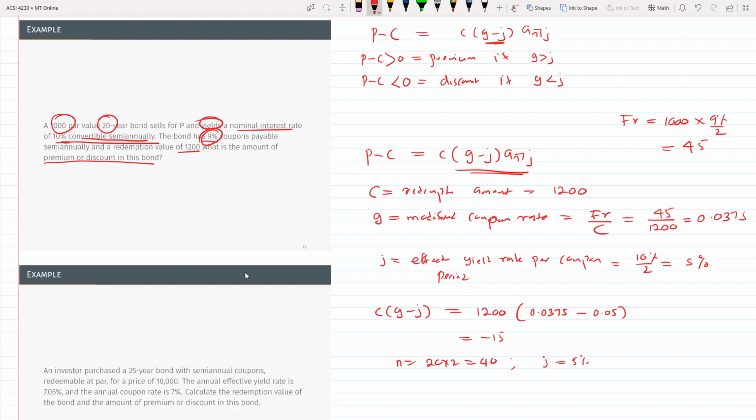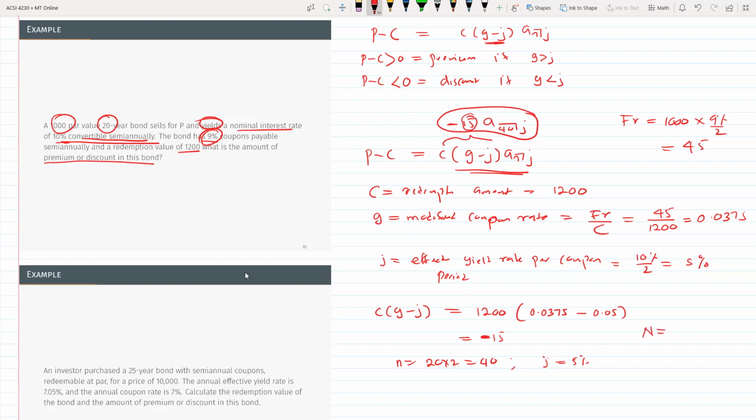So let's use our calculator. Now, when you want to find this value, you forget about the negative sign here. Just enter it as 15. So this is negative 15 a angle 40 at J, and that's what we want to calculate. We just calculate 15 a angle 40 at J, the annuity for 40 payments at rate J, with every payment of size 15.